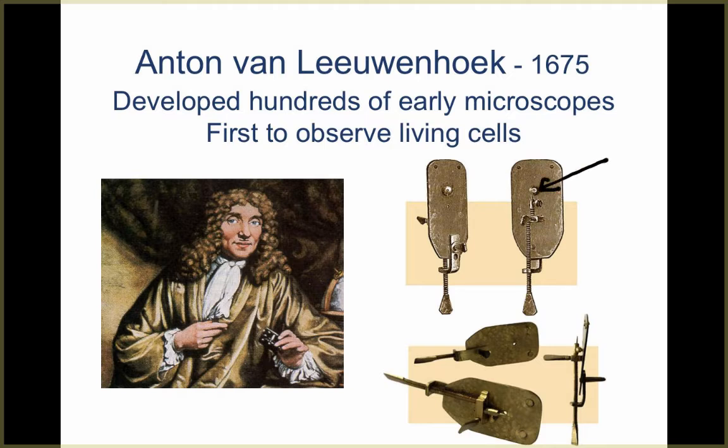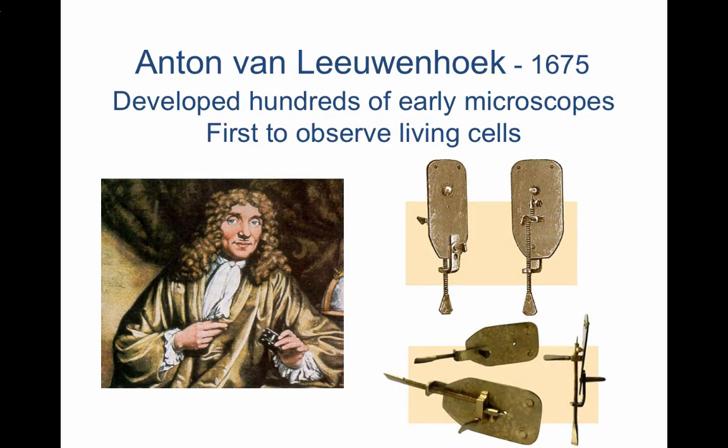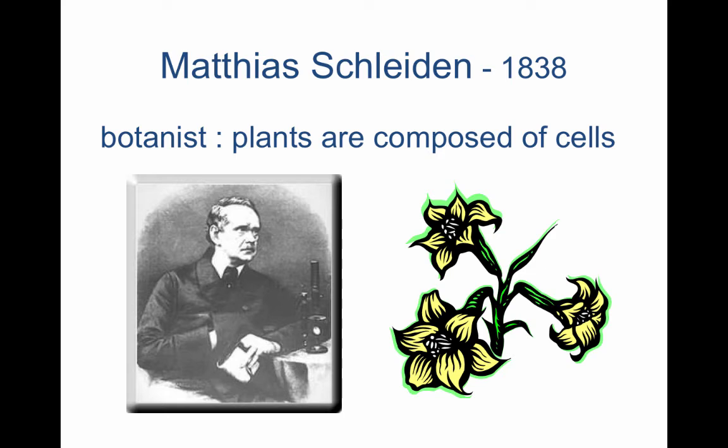You would put a little piece of glass or slide under there, and then you would look through it, and essentially that would show you the particular specimen. So these are some of the very, very first microscopes that were put together.